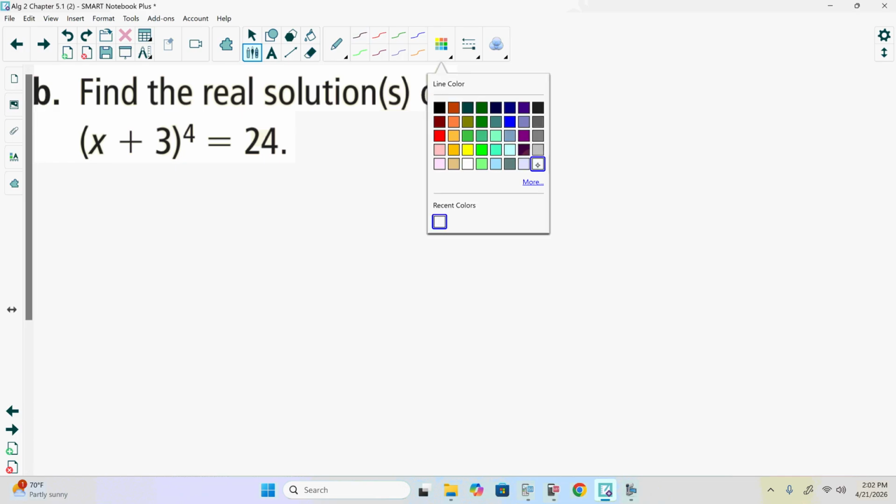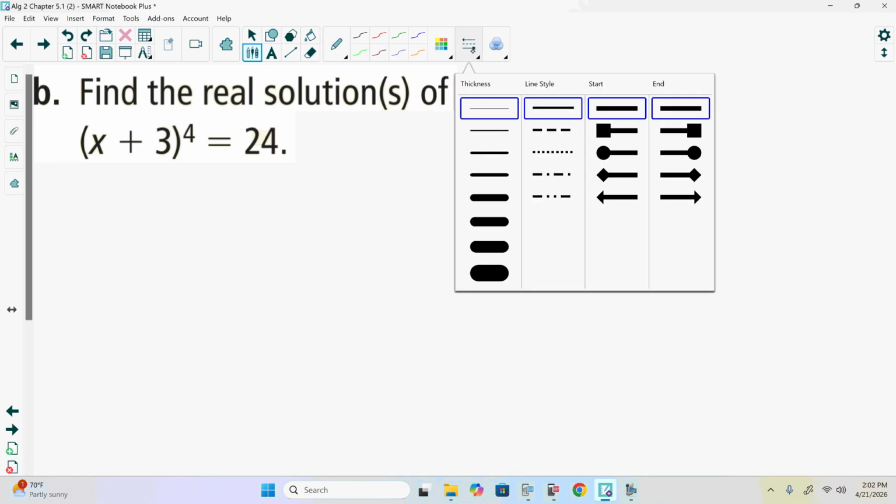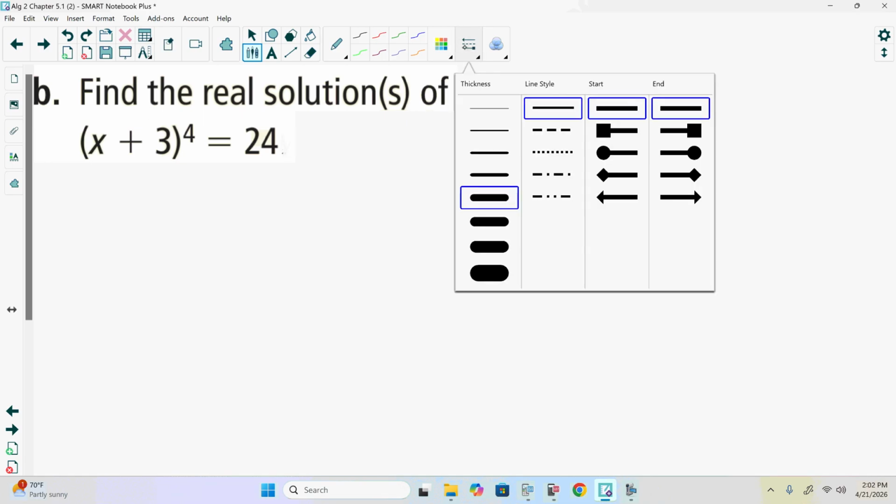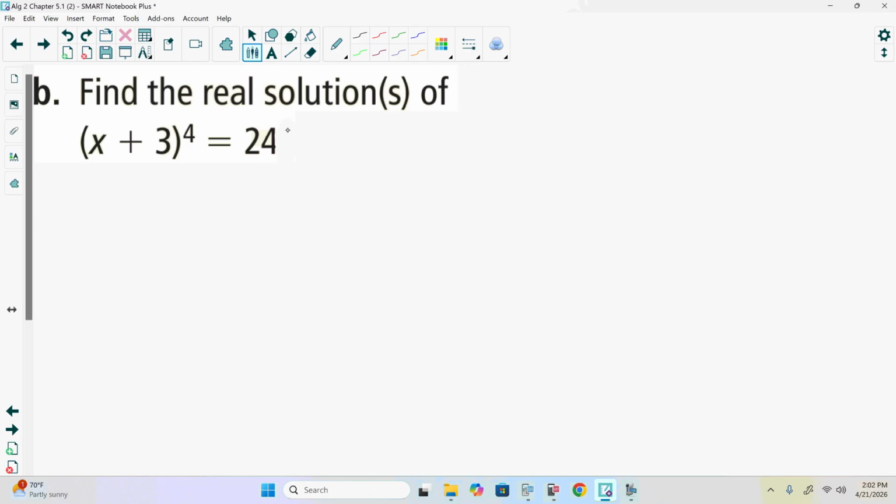Before we start this one here, I want to change it just a little bit. I know it's nice that I can fix this a little bit nicer. I want to change it to 256.